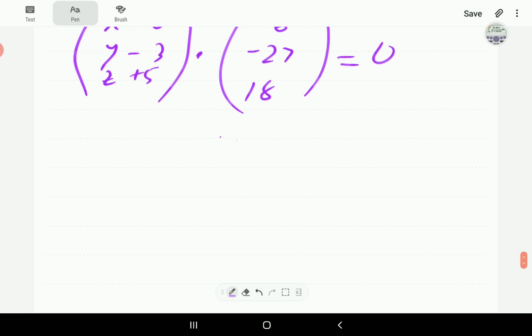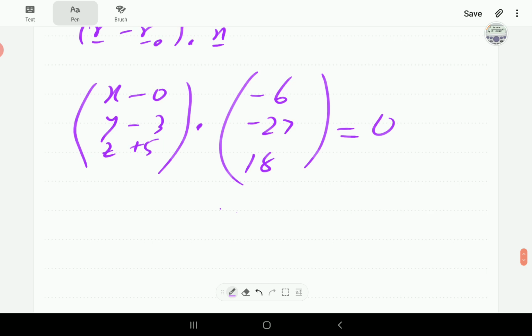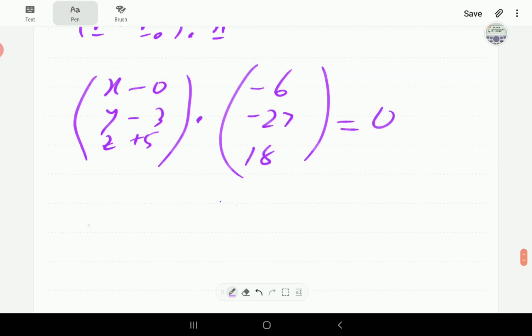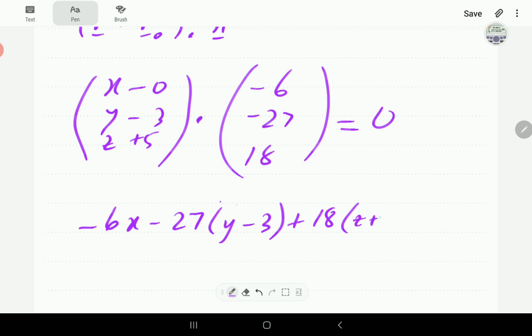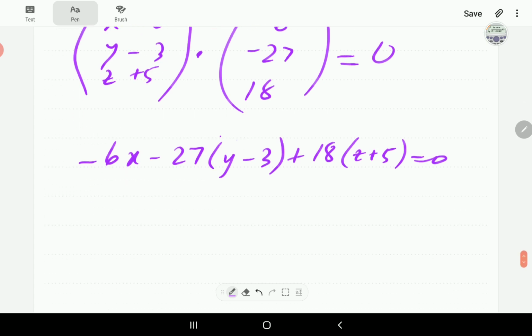If we work this out and divide accordingly, this is going to be -6 times x, minus 27 times (y minus 3), plus 18 times (z plus 5), equal to 0.